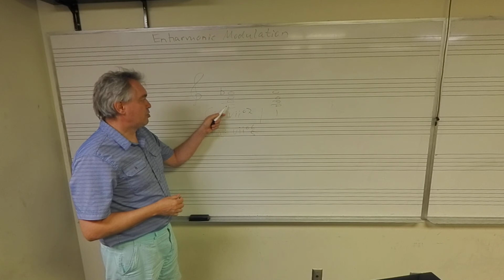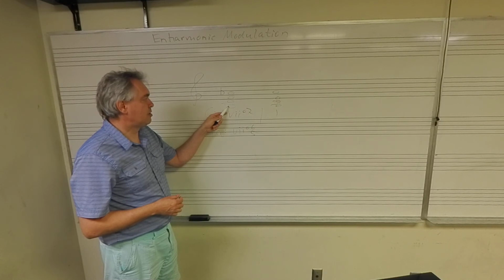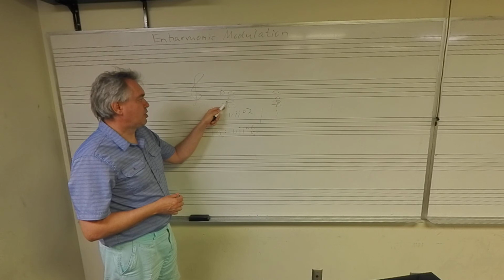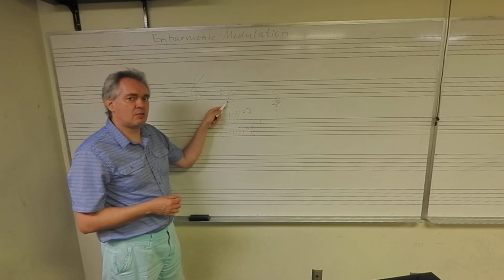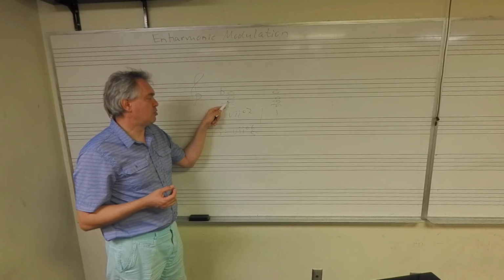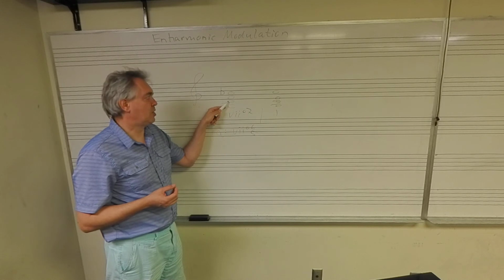So we can resolve this chord as it is to C major or C minor. We can resolve the chord if D is the root of the chord, that means the leading tone. We can resolve it to E flat major or E flat minor.